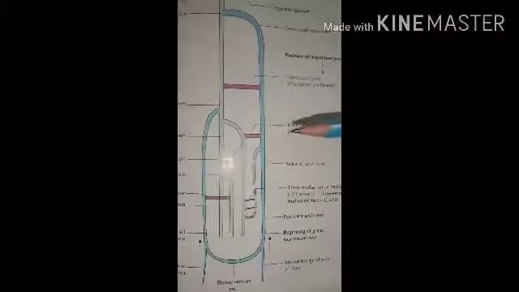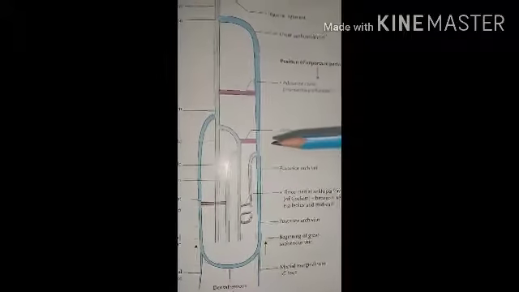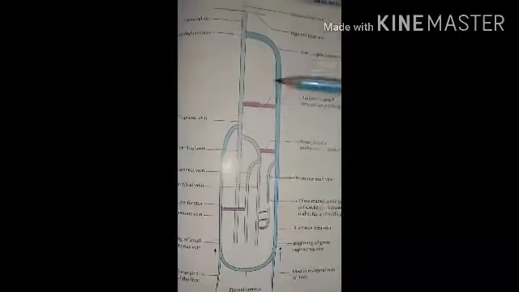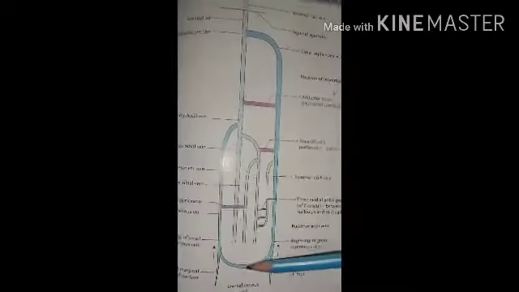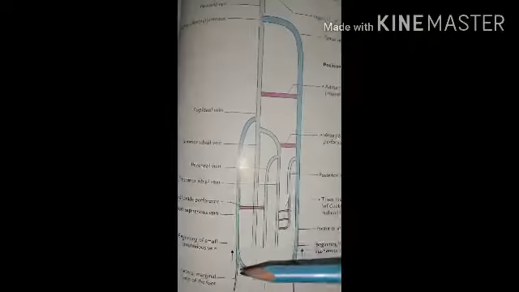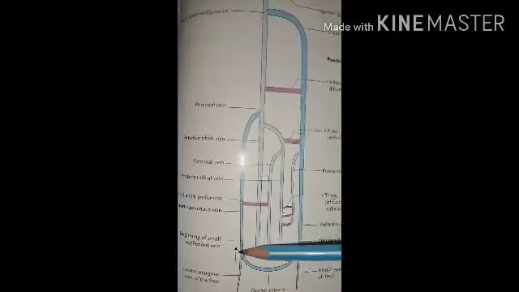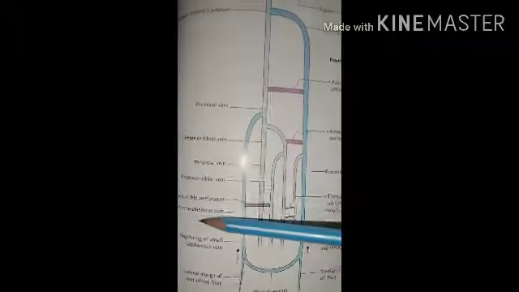The superficial veins include the great saphenous vein and the small saphenous vein. Here you can see the large vein, called the great saphenous or long saphenous vein, and the second one is the small saphenous vein or short saphenous vein.